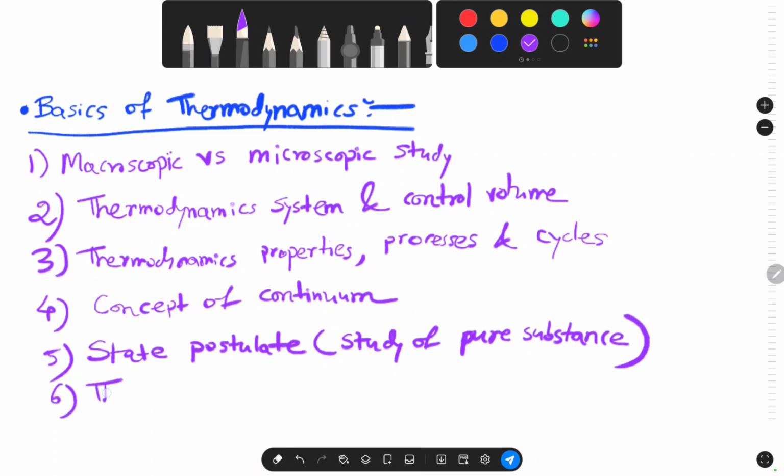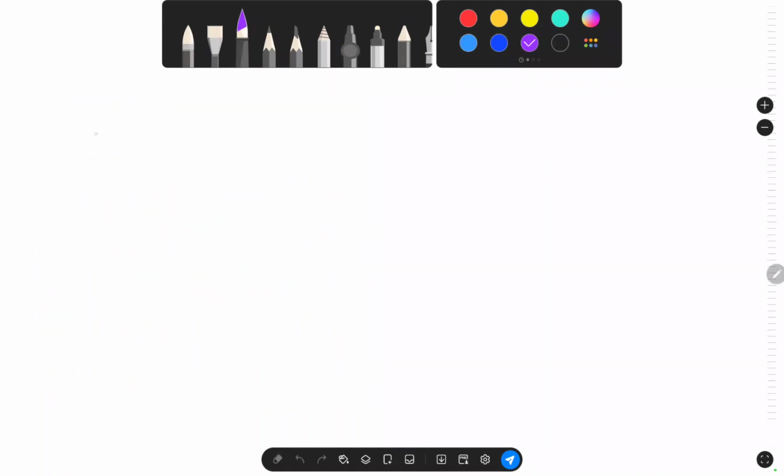Sixth, thermodynamic equilibrium. So let us start with the points which I have discussed earlier.